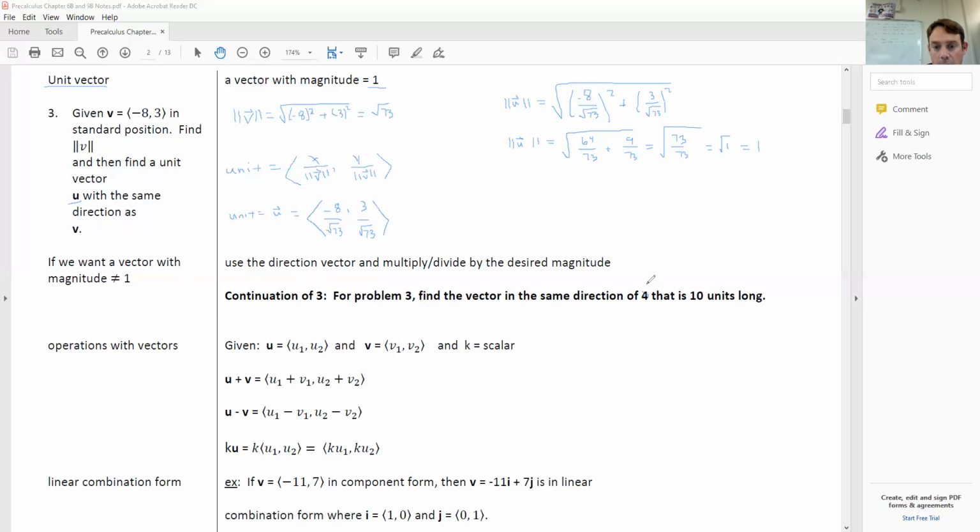I don't know why that says 4. That should be problem 3, or it should be u, that is 10 units long. So if I want a vector that is 10 units long, I'm going to take whatever u is, so my unit vector.